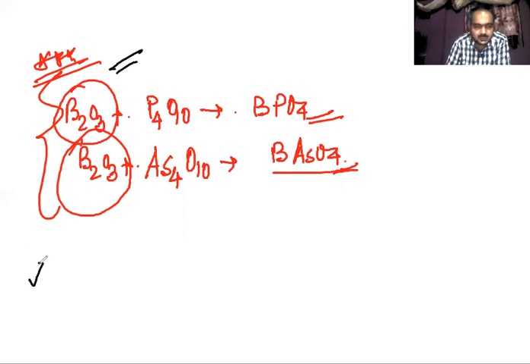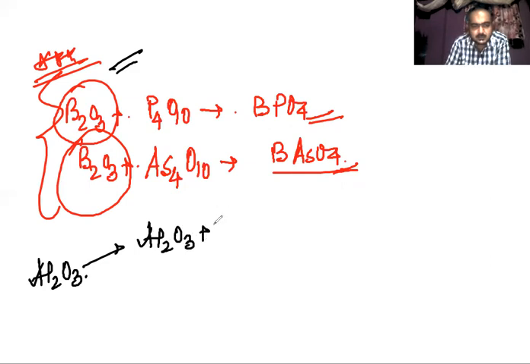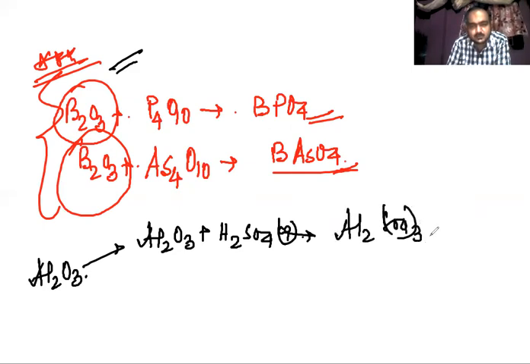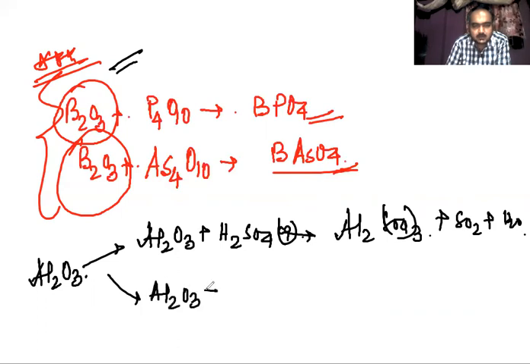But aluminium oxide, Al2O3, alumina, can act as both. Al2O3 plus aqueous H2SO4 will produce Al2(SO4)3 plus H2O. Al2O3 also reacts with sodium hydroxide and will produce sodium aluminate, NaAlO2, plus H2O.